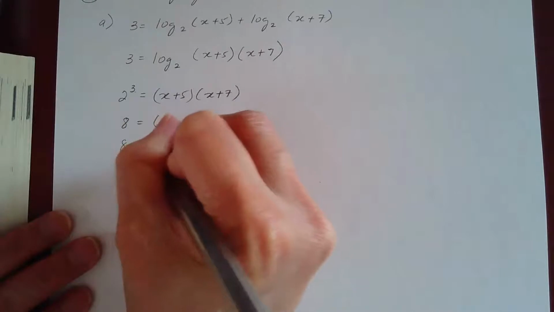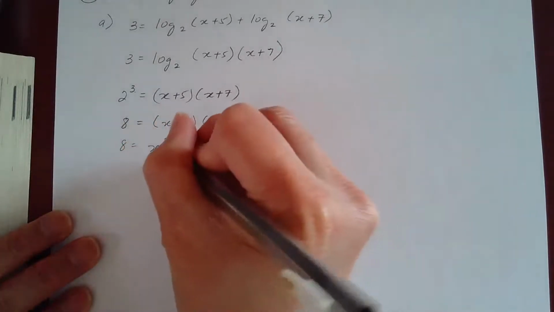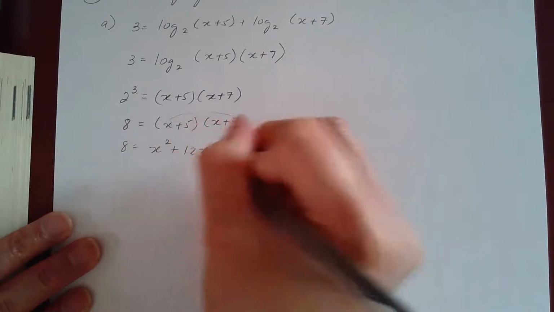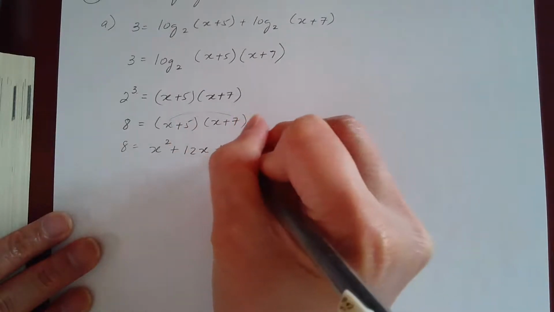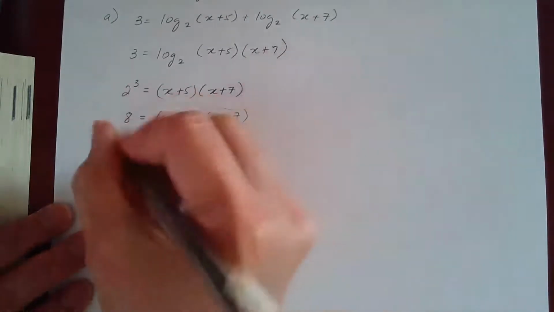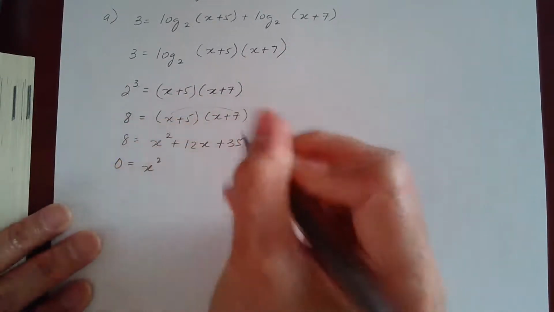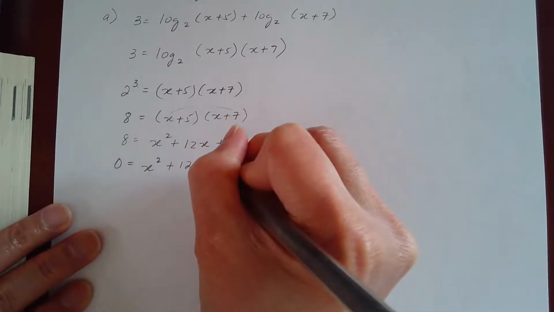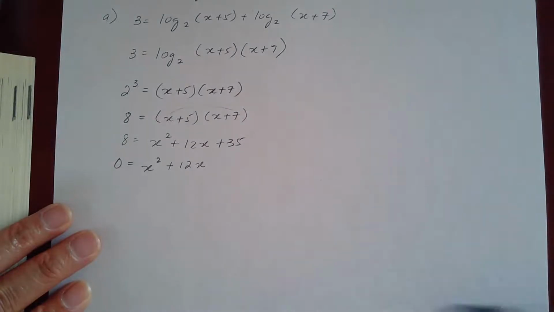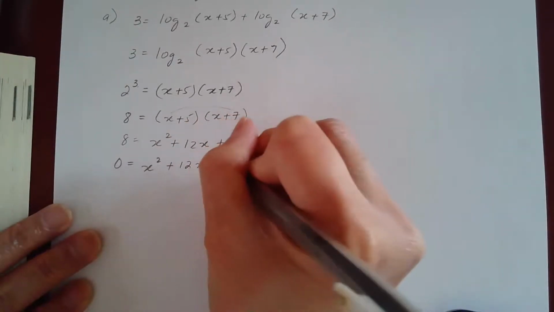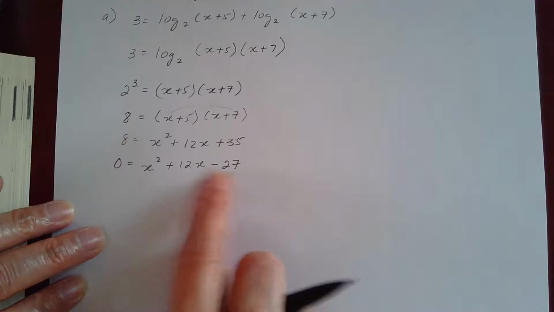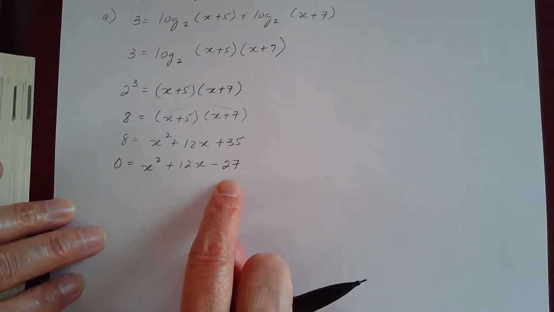Let's see. x squared plus, if I expand, that's going to give us 12x plus 35. And then bring this to the other side of the equation. x squared plus 12x plus 35 minus 8, that's plus 27. Okay, so is this even factorable?